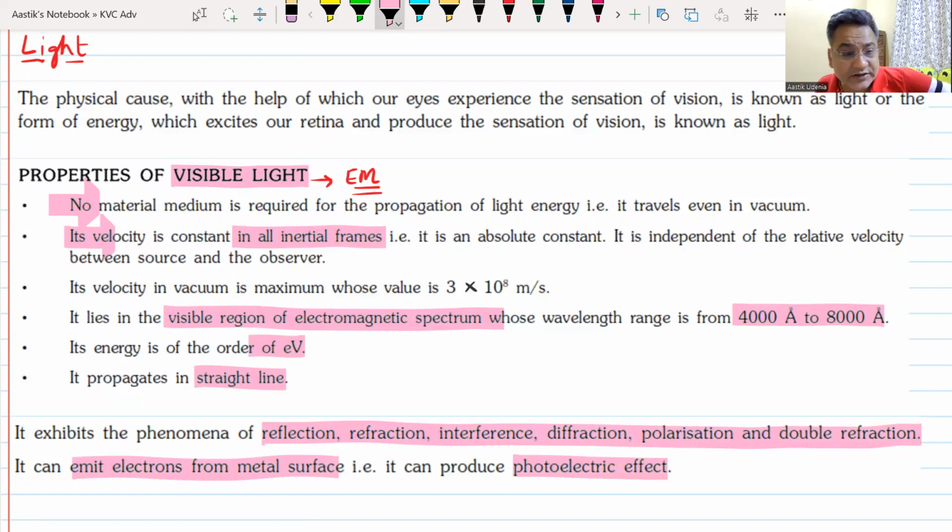Do we remember this photoelectric effect? Yes, sir. Okay, these are the properties of light. Here we are talking about visible light in particular, but apart from the wavelength, everything is common, whether it is visible light or ultraviolet light or infrared light or X-ray or whatever. I'll give you a minute to note this down.